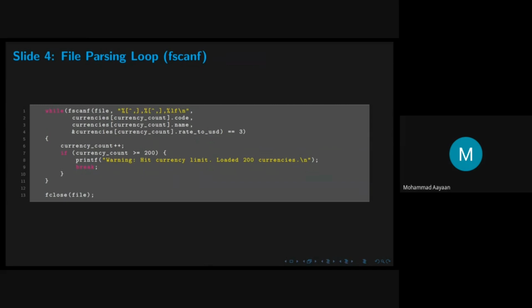So we can pick up the code, the name, and then the rate number. Each line fills one position in our currency array, and currency_count keeps track of how many we loaded. If it ever reaches 200, we stop and show a small warning. Finally, we close the file.